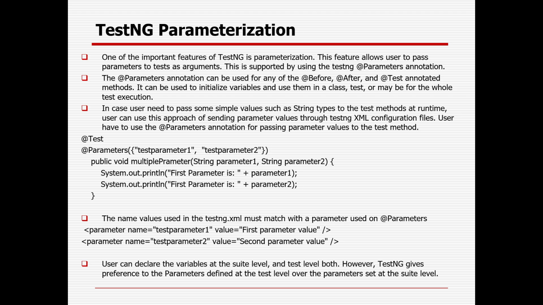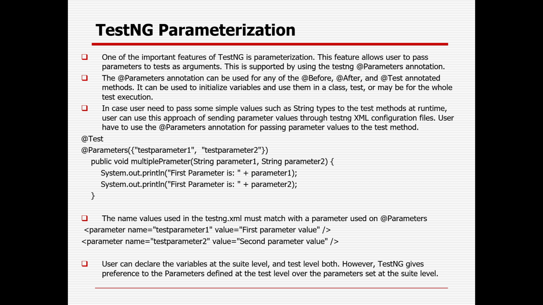One of the important features of TestNG is parameterization. This feature allows the user to pass parameters to a test as arguments. This is supported by using the TestNG @Parameters annotation. The @Parameters annotation can be used for any @Before, @After, and @Test annotated methods. It can be used to initialize variables and use them in a class, test, or maybe for the whole test execution.